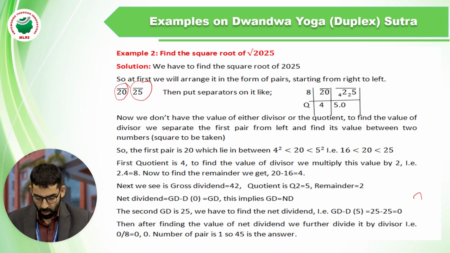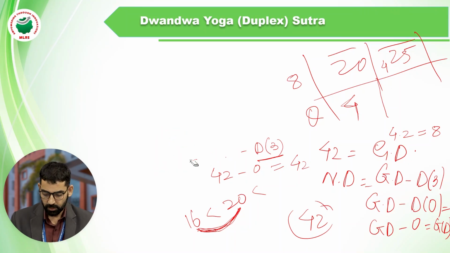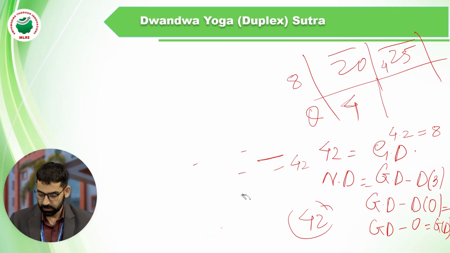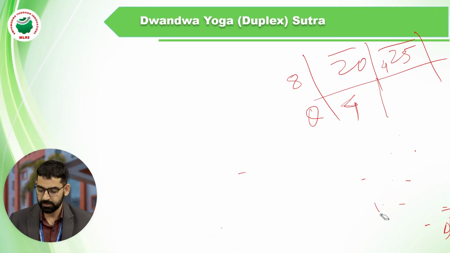So now this is 42, which is net dividend as well as gross dividend. So what we do next is we are left with net dividend again. So we can say this is now net dividend.